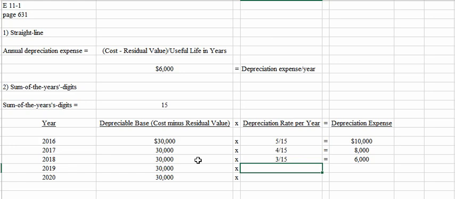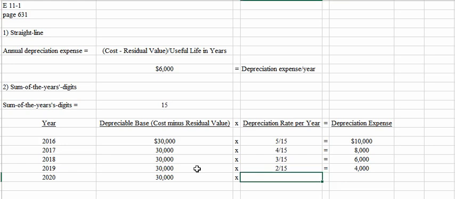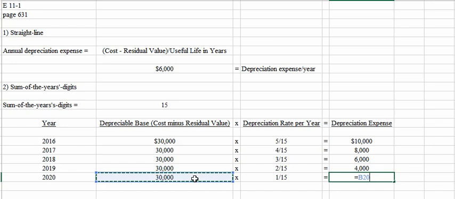The next year our rate's going to be 2 over 15. So it's going to be equal to 30,000 times 2 divided by 15. And then the last year is 1 over 15. And it's going to be equal to our 30,000 times 1 divided by 15, or 2,000.